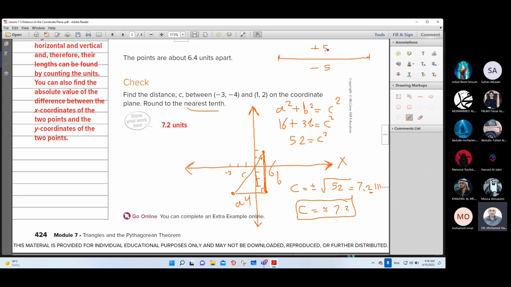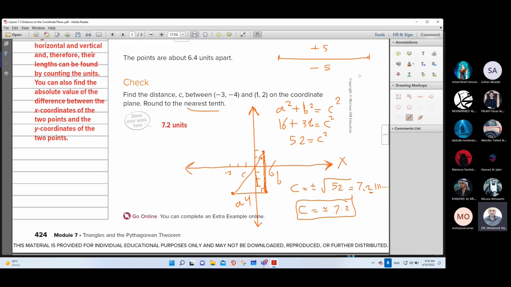Is the segment +5 or -5? The distance between the 2 points here. Did you see any length in the negative? No. Can you say the height of this building is negative 6 or 6 meters?